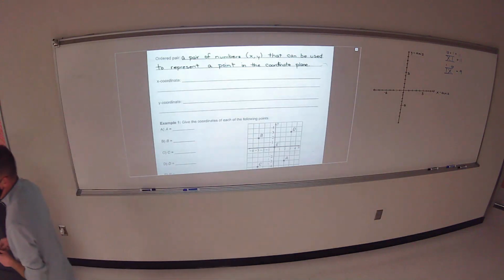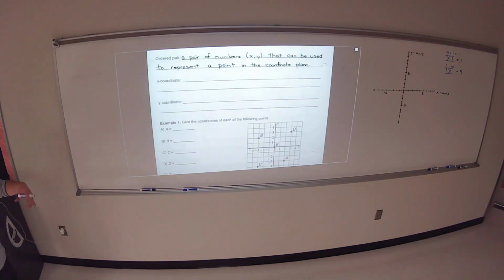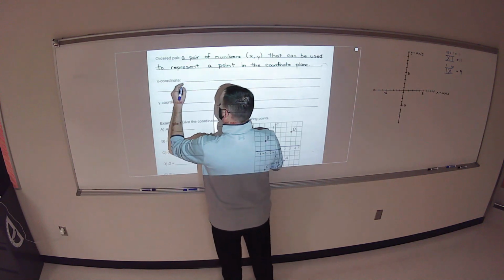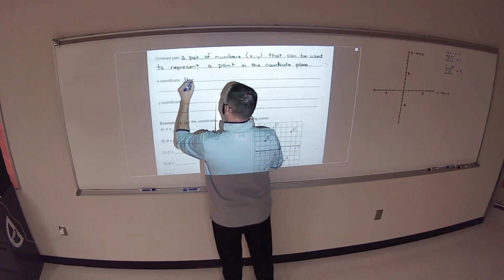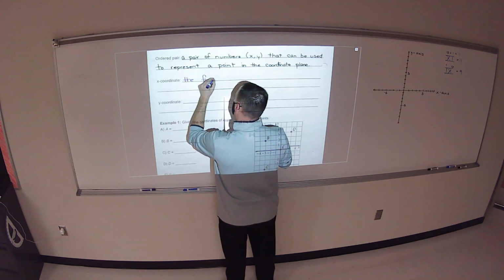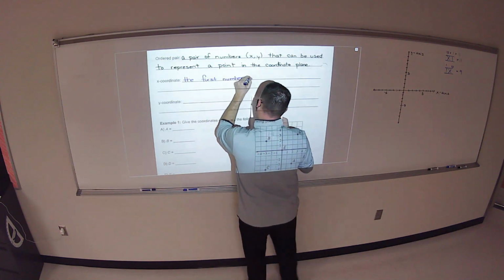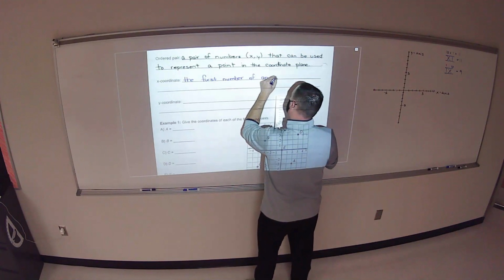Okay? Now, this ordered pair is made up of what we call 2 coordinates. The X coordinate and the Y coordinate. Okay, our last 2 definitions today. So the X coordinate is the first number of an ordered pair.